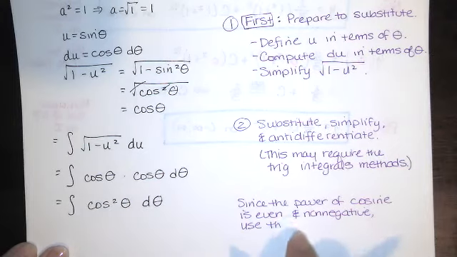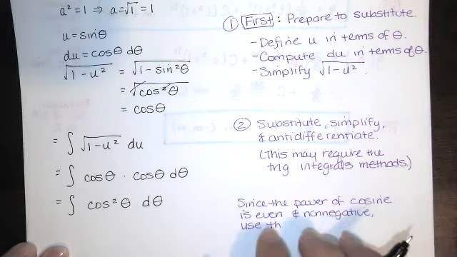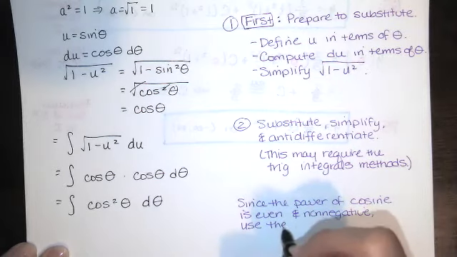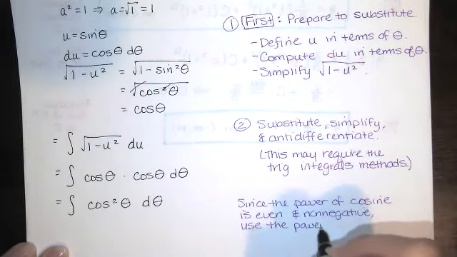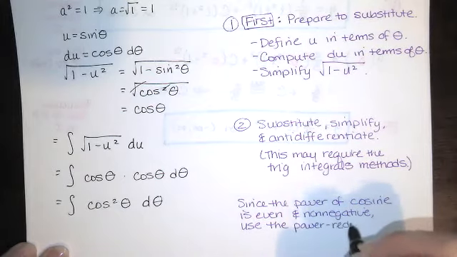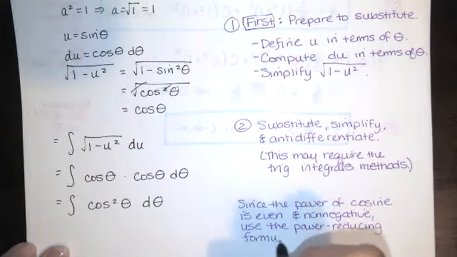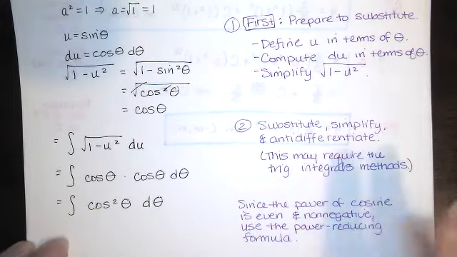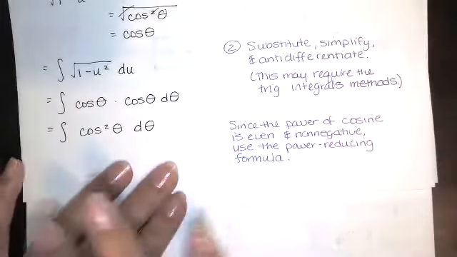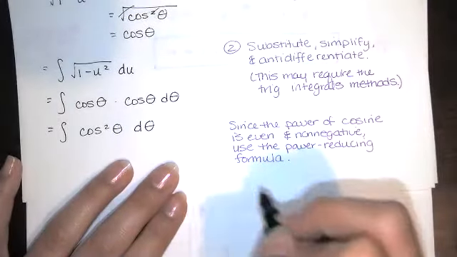But if we use the guideline on our sheet that says that since the power of cosine is even and non-negative, use the power reducing formula, we only need one because we've got cosine squared there. You'll see that when you use that power reducing formula, you will have a basic rule for everything up there.